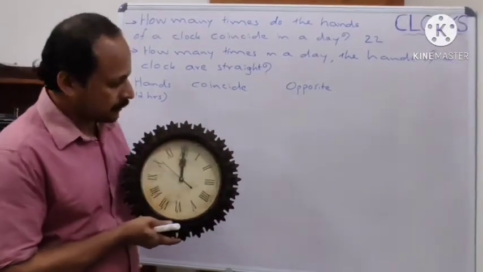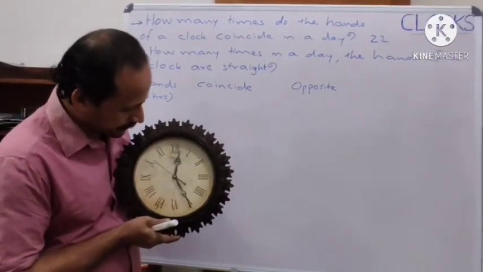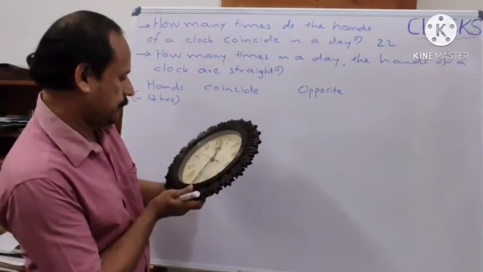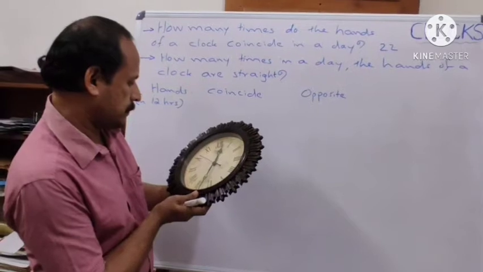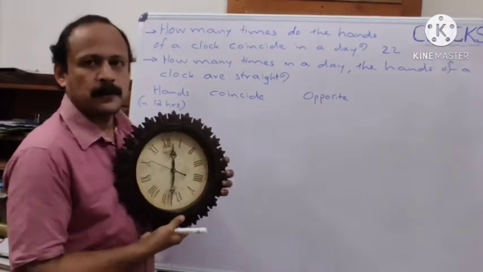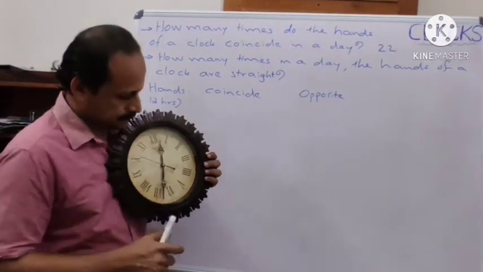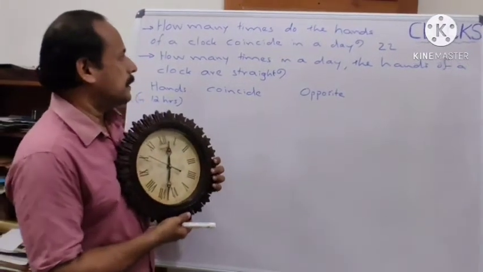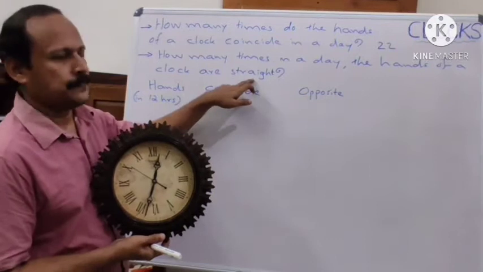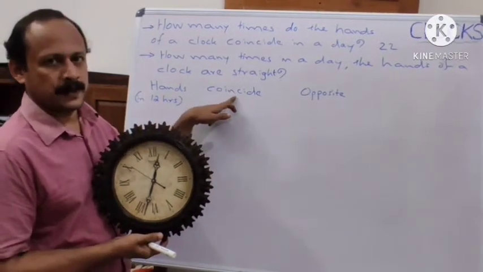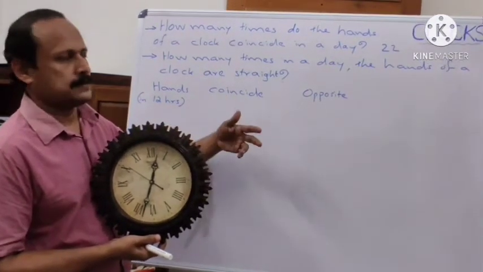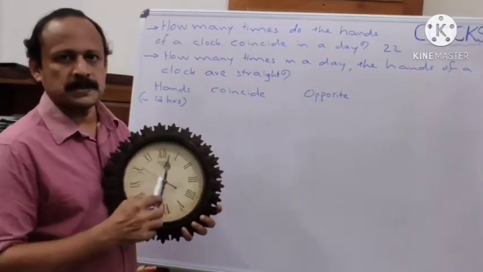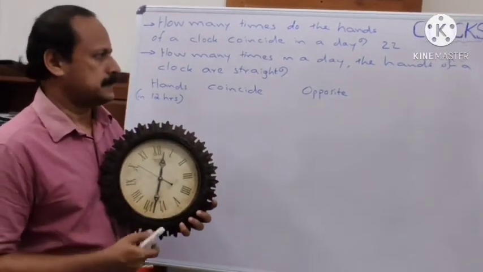And if they are in opposite directions, yes, like this, approximately they are in opposite directions. So, the hands are said to be straight if either they coincide, one hand is on top of the other one, or if they are in opposite directions like this.